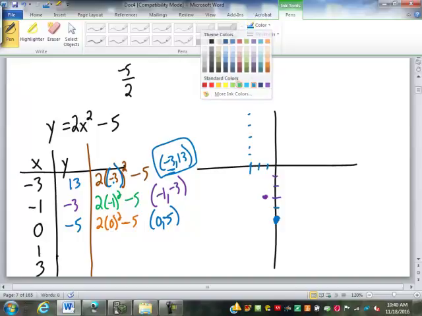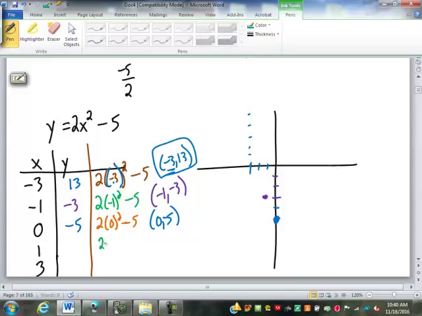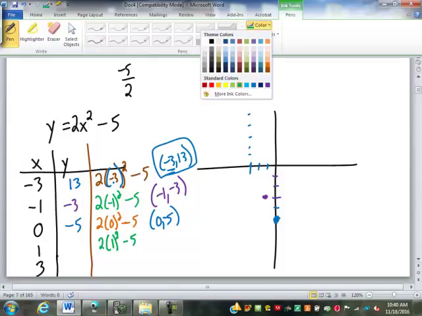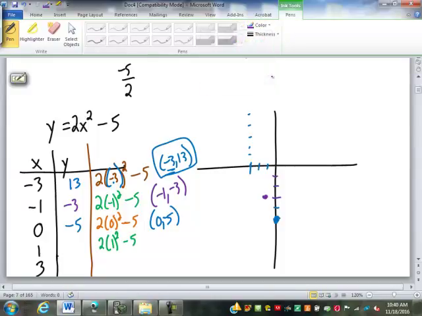We'll try x is 1. Y is 2 times 1 squared minus 5. 1 squared is 1. Times 2 is 2. Minus 5 is -3. So when x is 1, y is -3. So 1, -3.